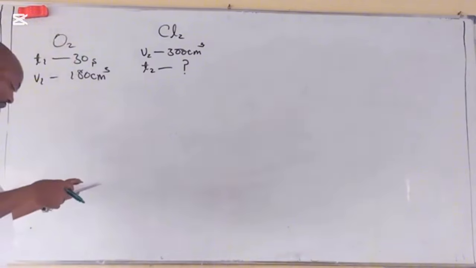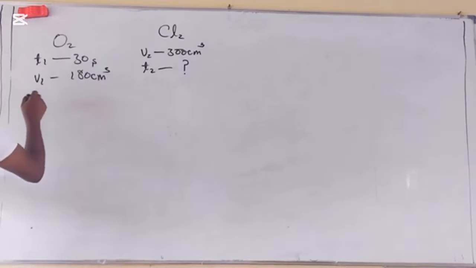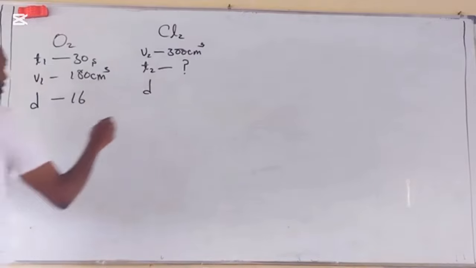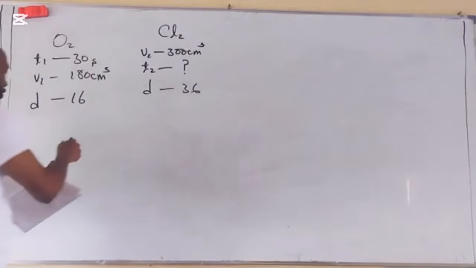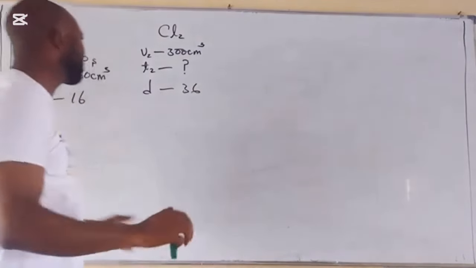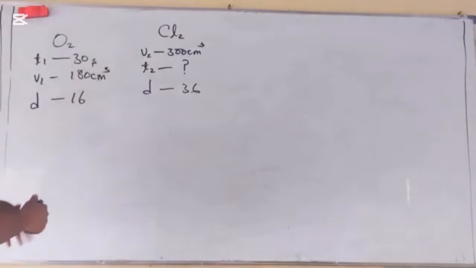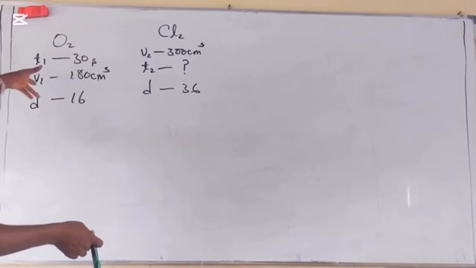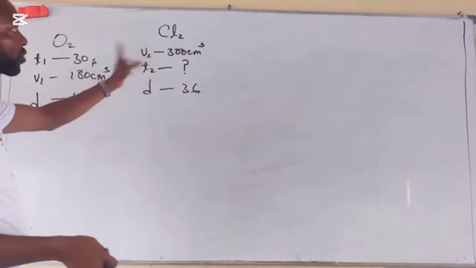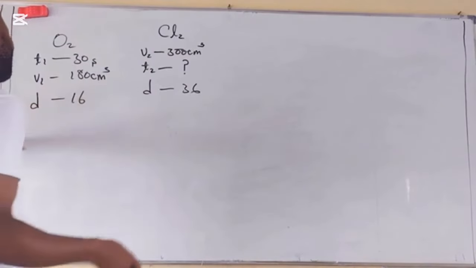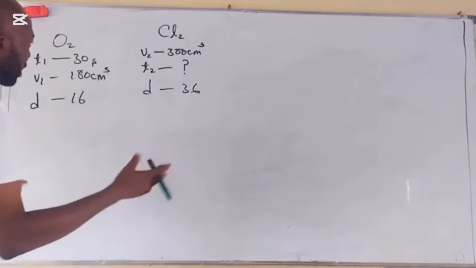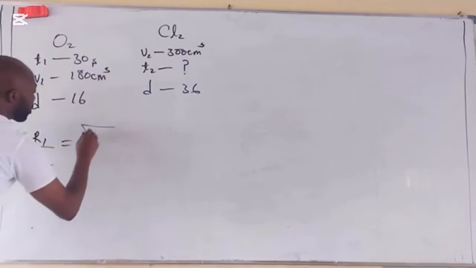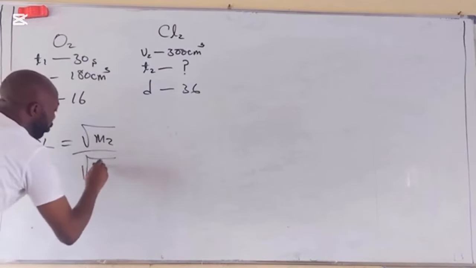Vapor density of oxygen is 16 and that of chlorine is 36. Remember, relative molecular mass is equal to 2 times its vapor density. So I don't need to deal with the D directly, although I can still use the formula R1 over R2 is equal to the root of D2 over the root of D1. But we can still use the relative molecular mass. So R1 over R2 is equal to the root of M2 over the root of M1.